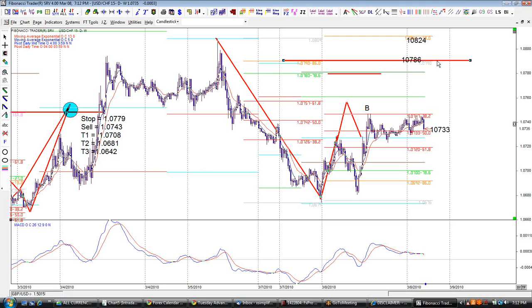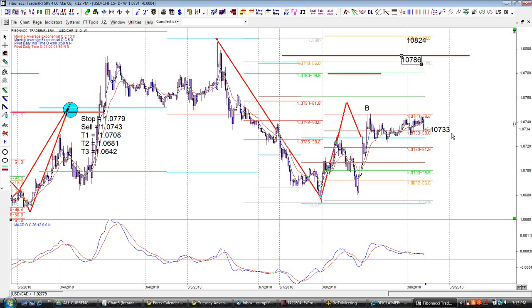If the next pivot point is closer to 0790, we can push the entry a couple pips higher, but that won't make a lot of change.